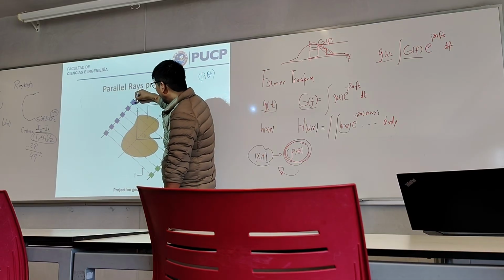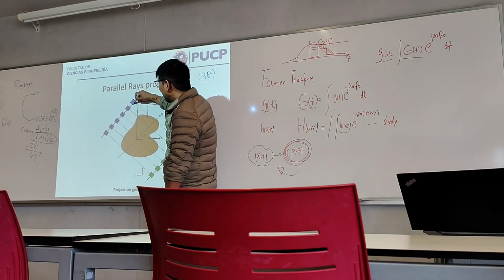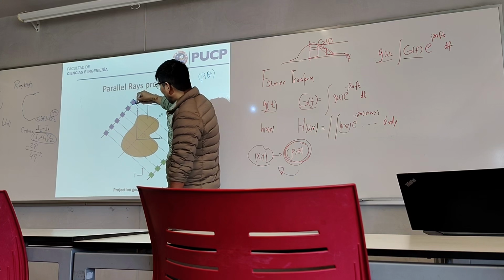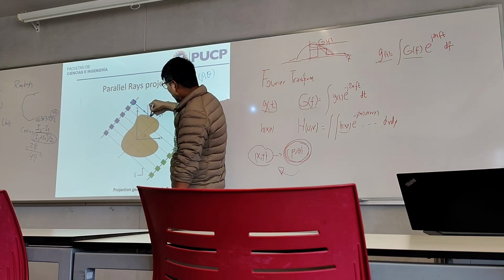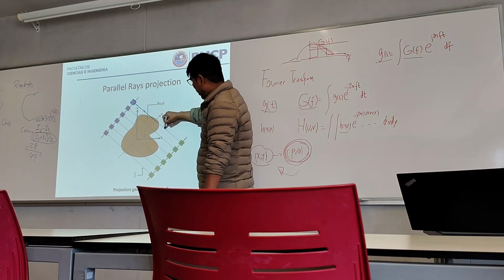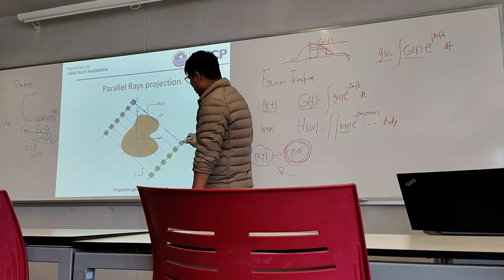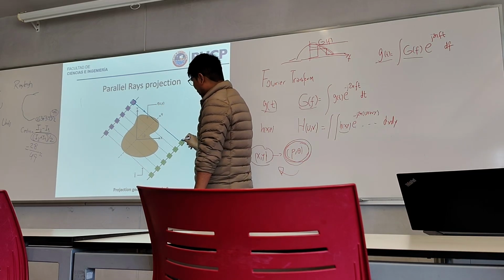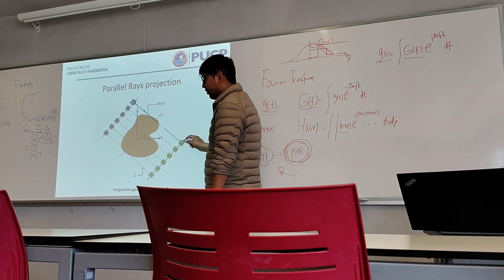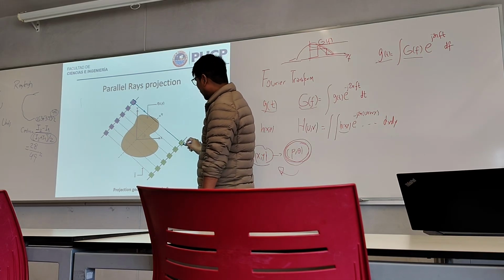And imagine that it's a narrow beam that goes in this direction only. It goes in this direction, and at the end of that, we have some optical detector or some digital detector, some detector of X-ray. We will have some information here.